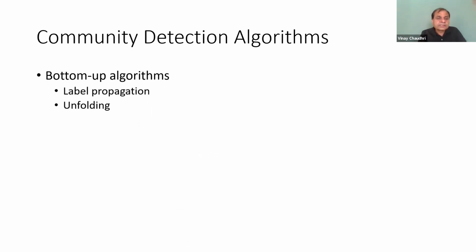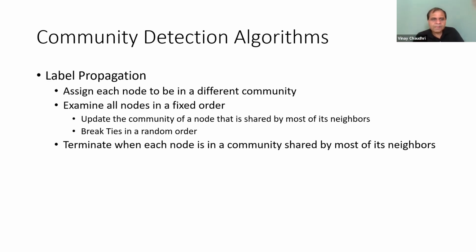Next, let's talk about bottom-up algorithms. Even within bottom-up algorithms, there are two common approaches, which are known as label propagation and unfolding. I'll give you a quick sketch for each of these algorithms just so that you get a feel for how they work. In the label propagation algorithm, we start by assigning each node in the graph to a different community.